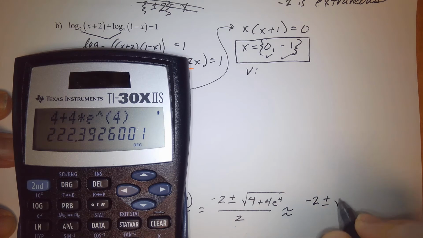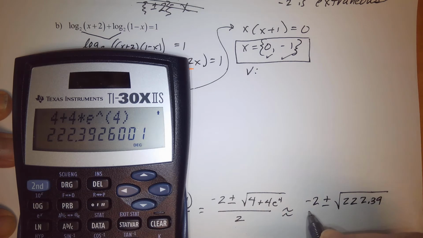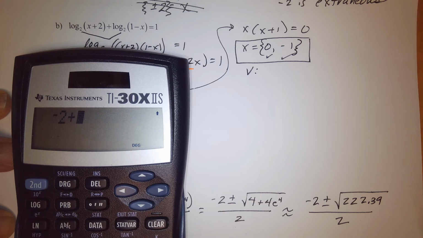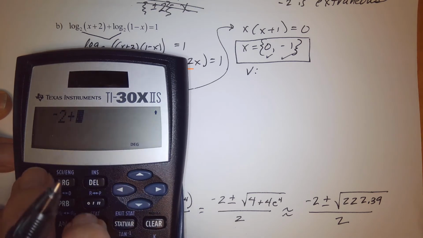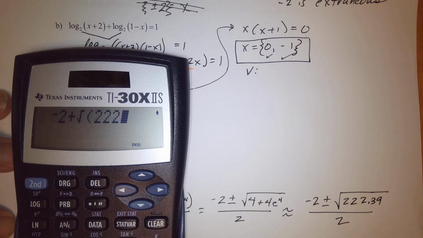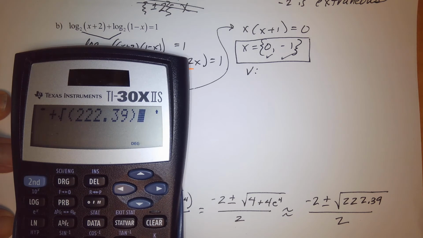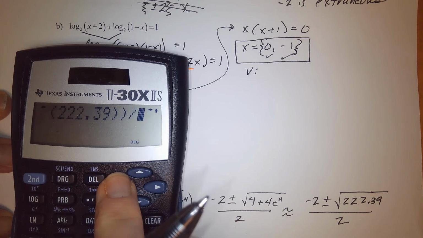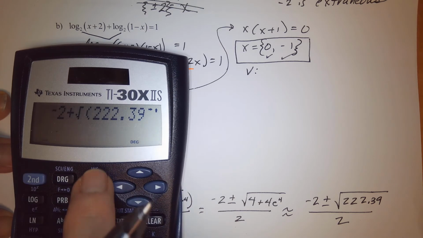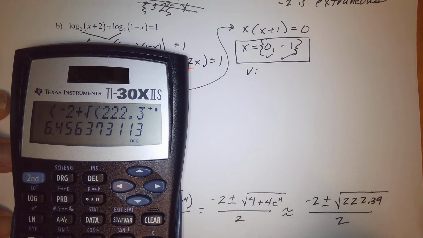So this becomes -2 plus or minus the square root of 222.39, over 2. So that means x is approximately, when I put all of this into my calculator, -2 plus square root of 222, all that divided by 2, which gives me one answer at 6.456.